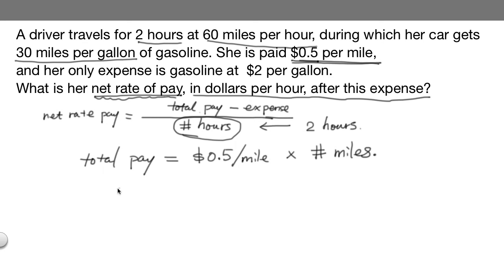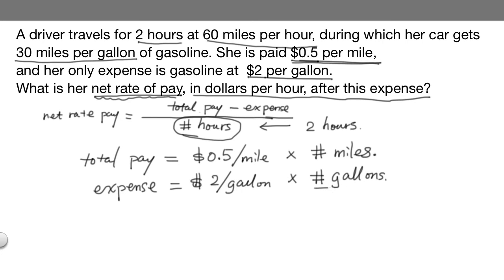And what's the expense? The expense will equal, her only expense is gasoline at $2 per gallon. So we need to figure out the number of gallons.